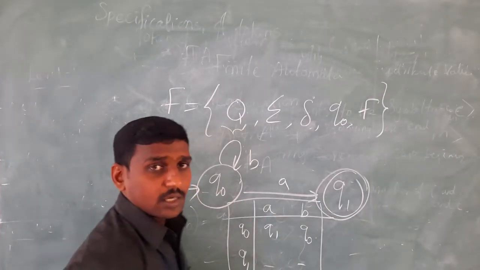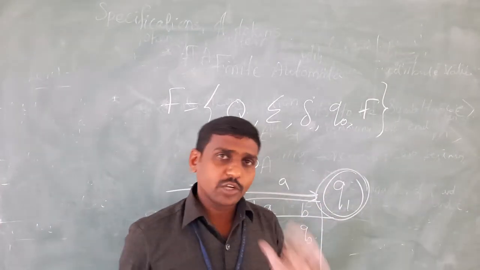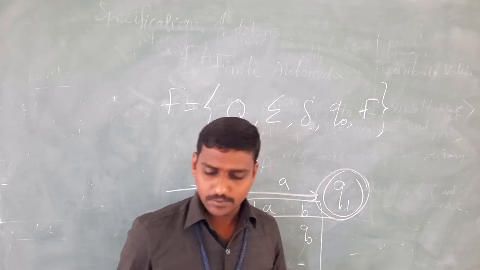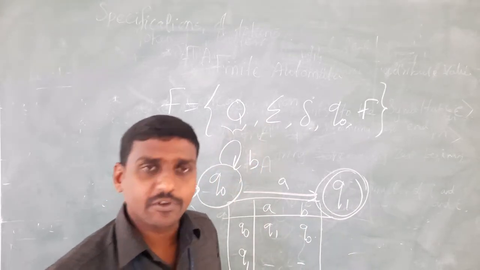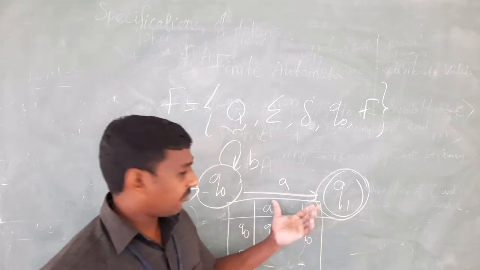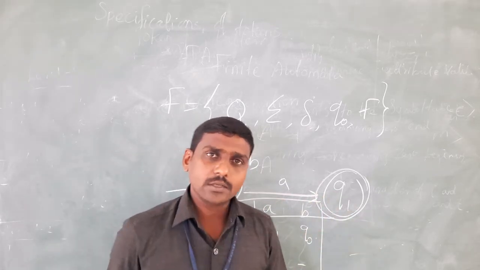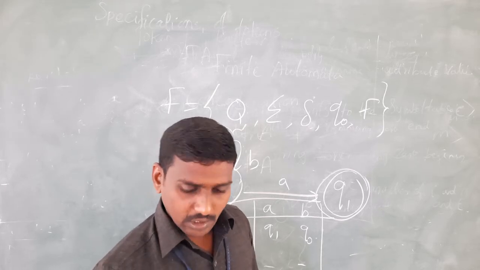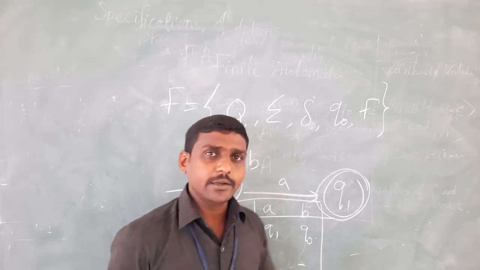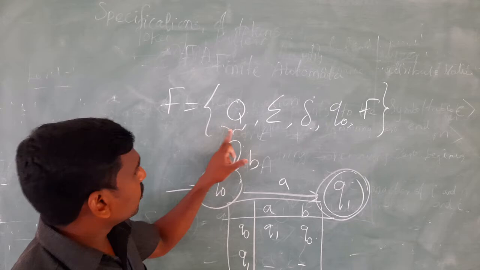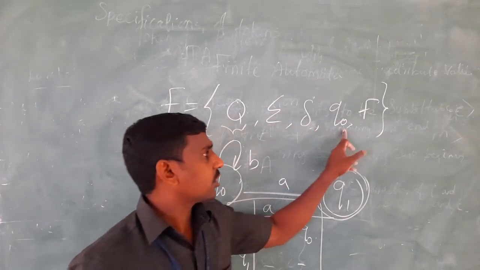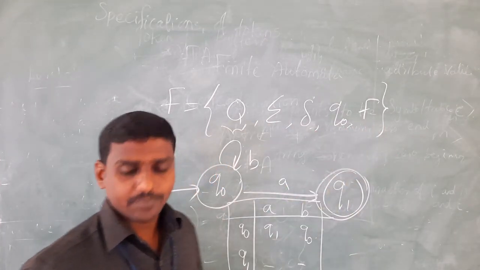This is the transition table. Everything I taught you in the previous semester. If you have any doubt, kindly refer to the previous semester. You should know the difference between NFA and DFA, how to differentiate NFA and DFA, and you should know what capital Q, sigma, delta, q0 and F are. Clear?